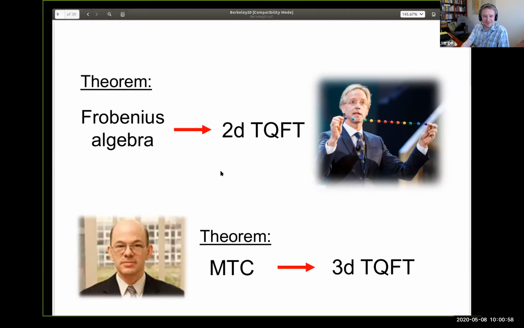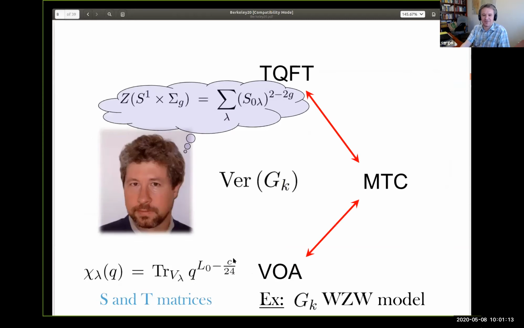Likewise, in a three-dimensional setting, TQFTs that live on three-manifolds with boundaries and then higher codimension are labeled by modular tensor categories. That's precisely the meaning of this arrow here.